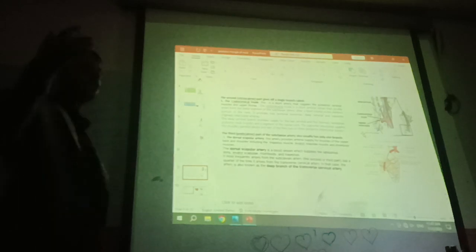For example, the fifth intercostal artery is a branch of... subclavian, according to what you learned in the thoracic block? Subclavian. No? Intercostal arteries. Okay? The fifth intercostal artery is a branch of... no?